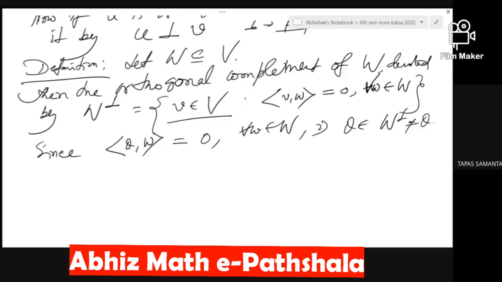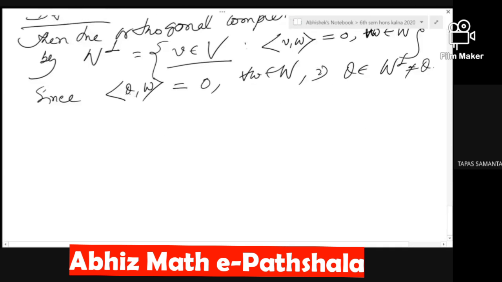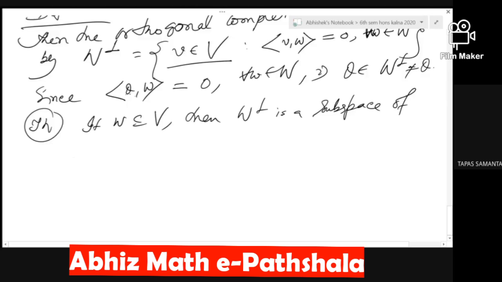So we will prove it. The theorem is: if W is a subset of V, then W perp is a subspace of V.